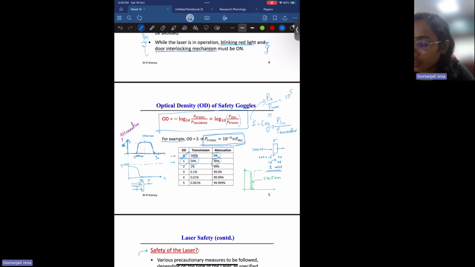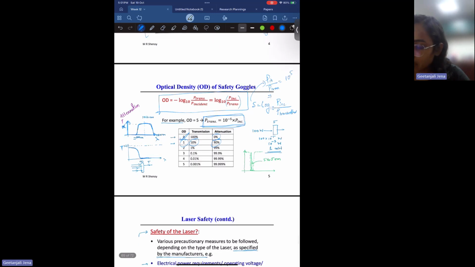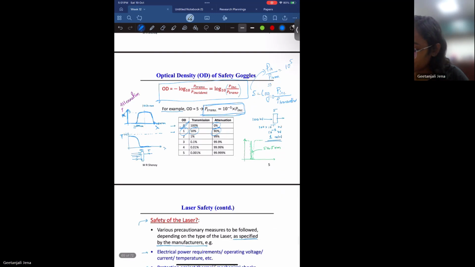If you plot the transmission, there will be transmission for the visible wavelengths, but when it enters the laser region, the transmission suddenly decreases. So it is safe to use the goggles because there is transmission in the visible, but attenuation for the laser wavelength. The attenuation all depends on the optical density of the goggles used.